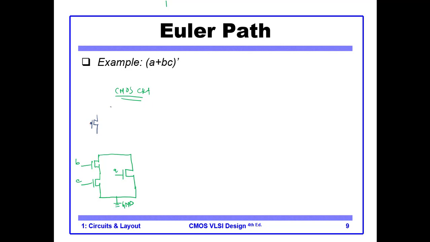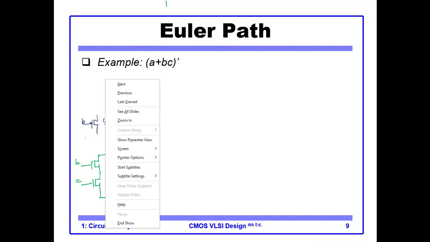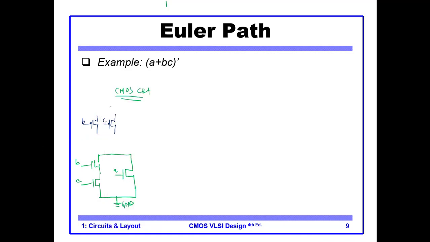So I have this PMOS and I have this PMOS. This is my B, this is my C. They are in parallel, and we have the last PMOS in series with B and C, and from here we take our output, let's say Y.